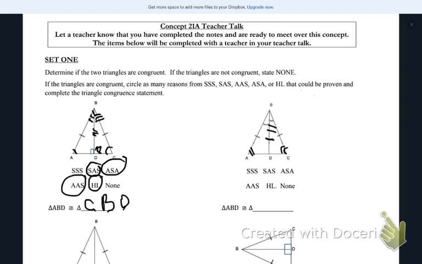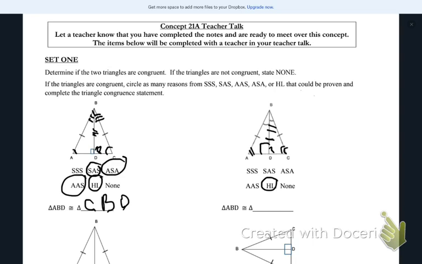These two here are congruent, so the third ones must be congruent. This is a straight line, so it's going to measure 180. If you split it in half, each angle will actually have to be 90 degrees, so you have a 90 and a 90. Okay. So again, because you have two right triangles, you have the hypotenuse, one set of legs that are congruent, so you can go ahead and say HL would be one of your reasons. Kind of similar to that first problem.